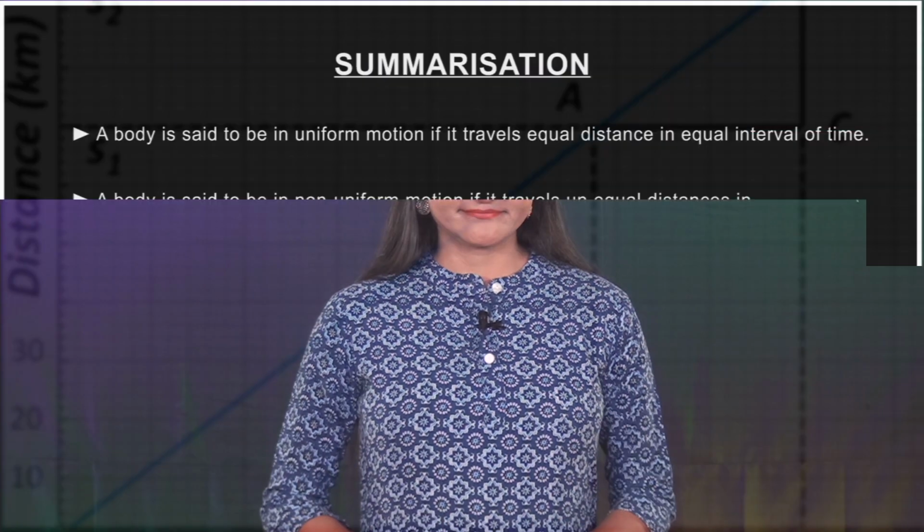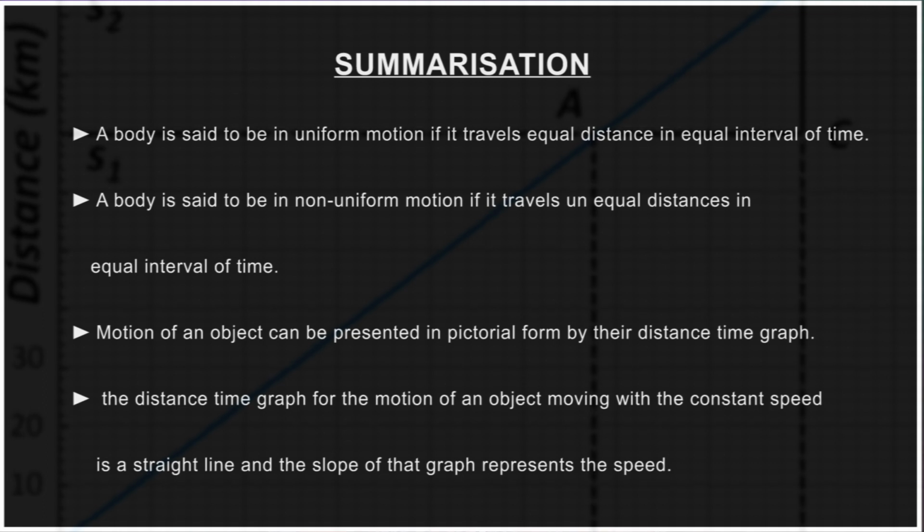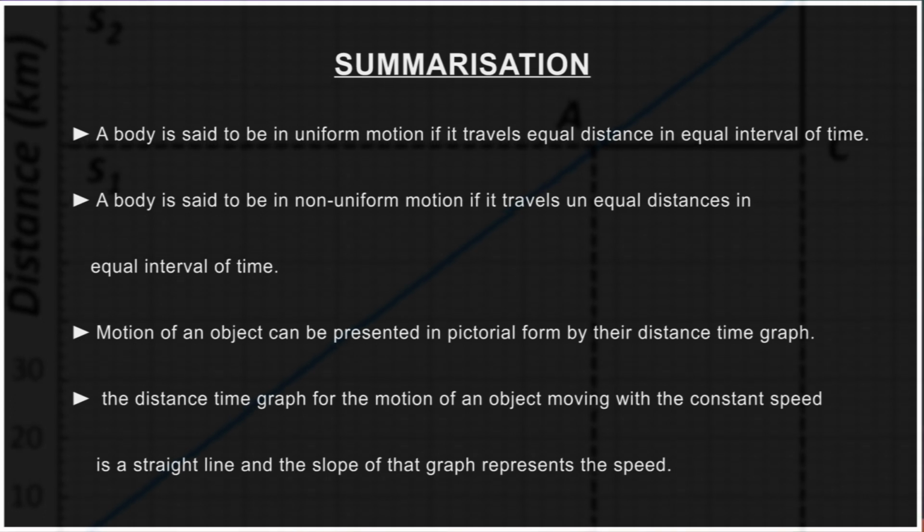Let us summarize what we have learned. A body is said to be in uniform motion if it travels equal distance in equal interval of time. A body is said to be in non-uniform motion if it travels unequal distances in equal interval of time.